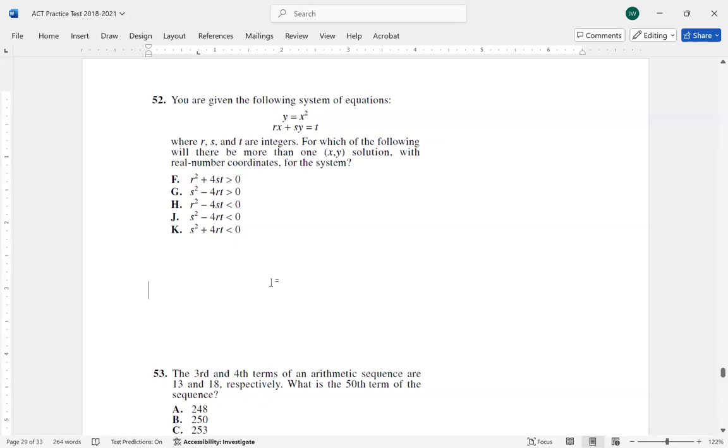Question 52. You are given the following system of equations where R, S, and T are integers. For which of the following will there be more than one XY solution with real number coordinates for the system?